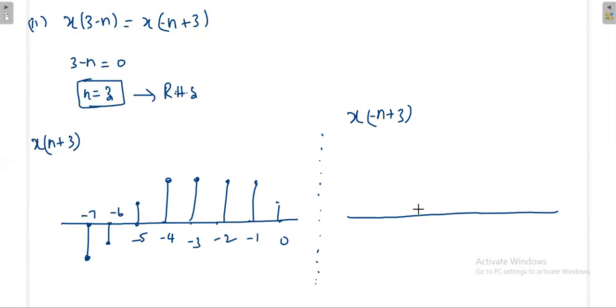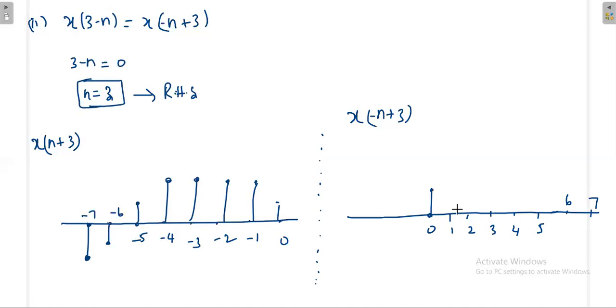Then what will happen once you take the mirror image with respect to the y-axis? Now again, if this is 0, then 1, 2, 3, 4, 5, and then 6, 7. If you take the mirror image, then it will be like this.